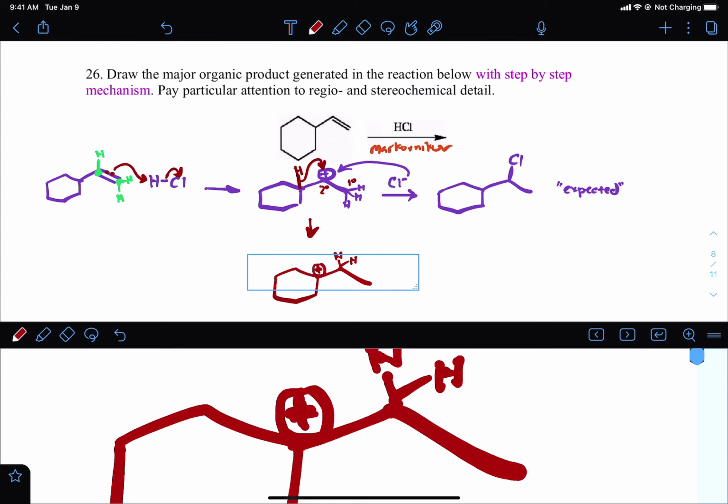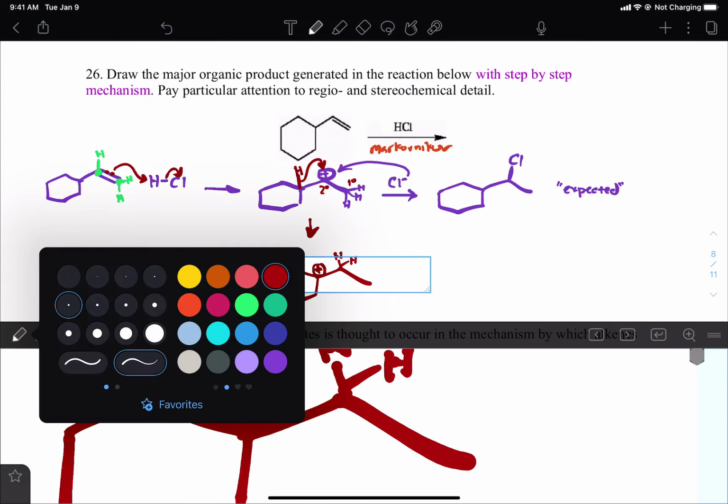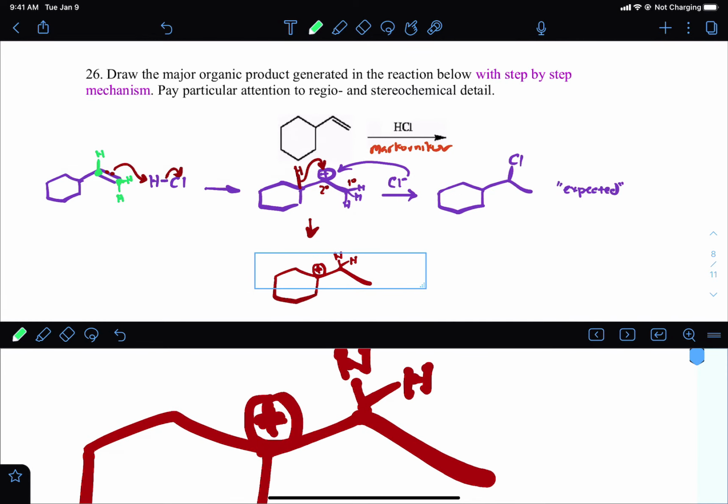So now, though, it's a tertiary. Okay? And tertiary is more stable than secondary. So the point is that a hydride shift like this will happen if the resulting cation is more stable than the original one.